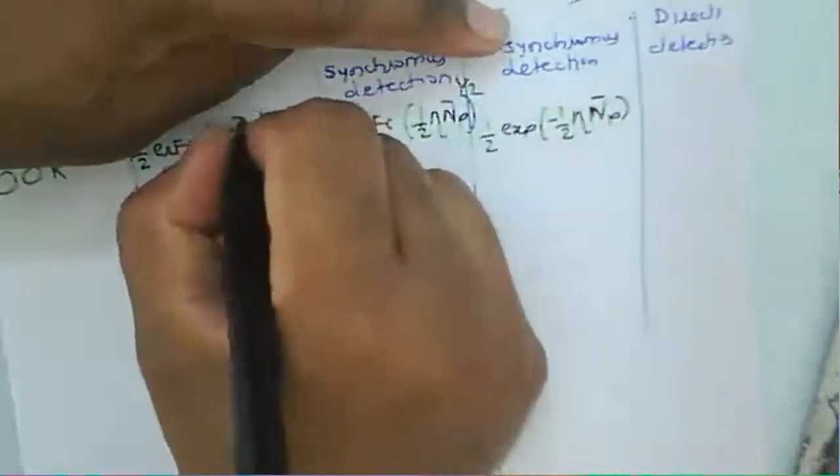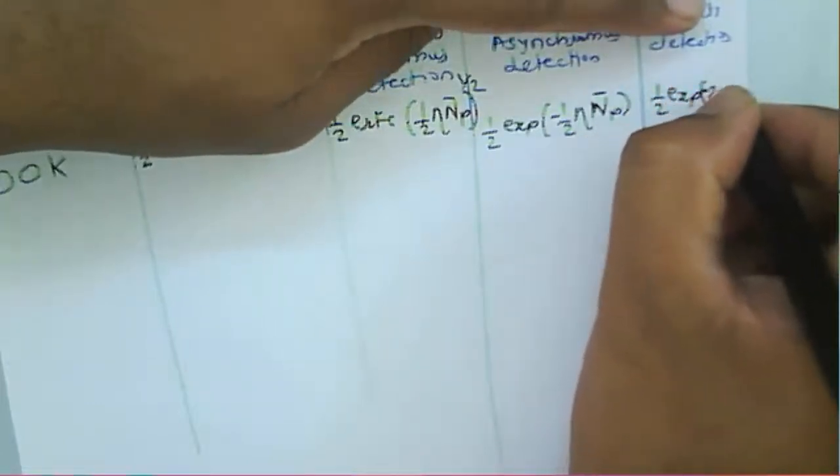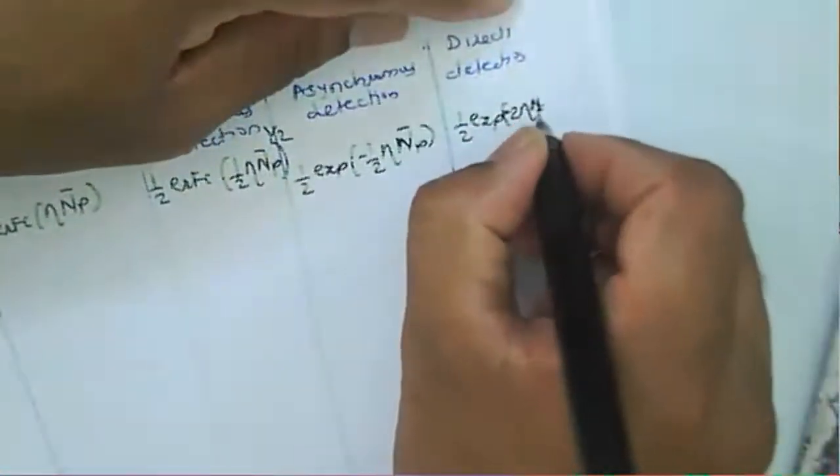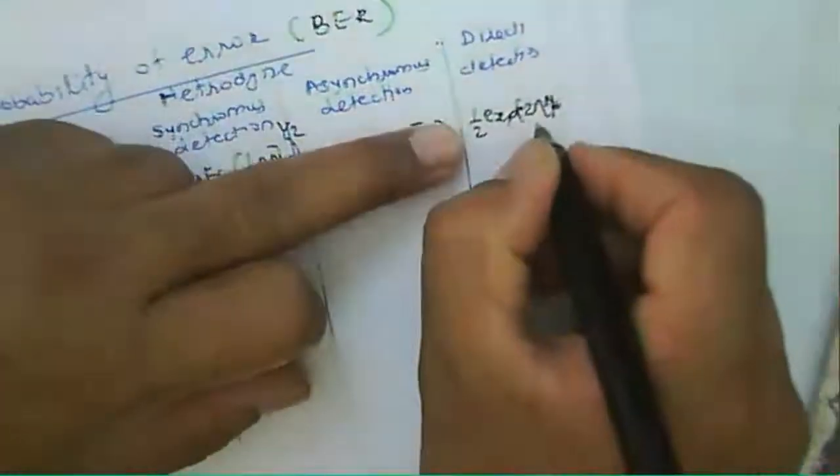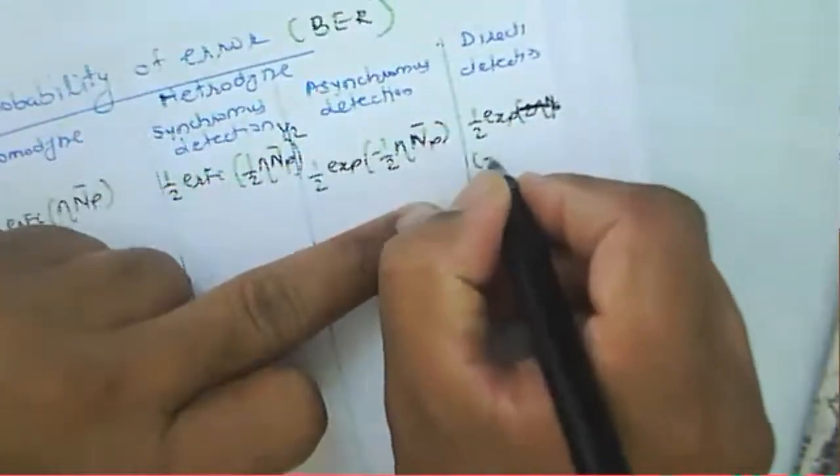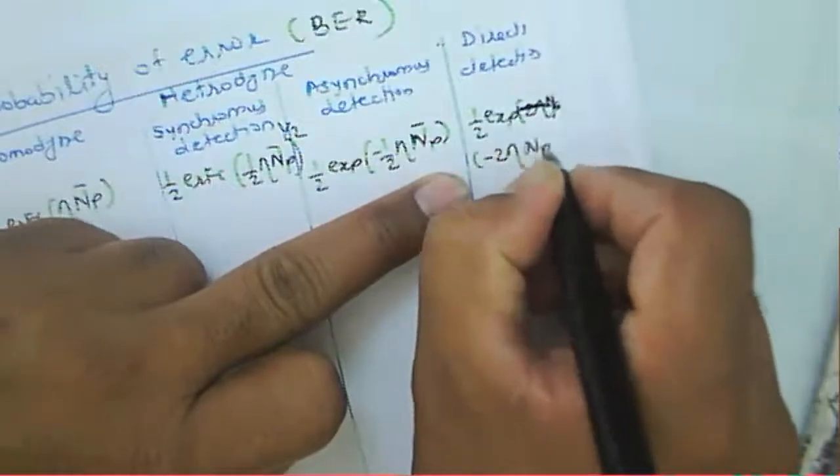I just forgot here, that is about NP here. So in that case, 1 by 2 exponential of minus twice eta NP. Means, sorry, exponential of minus 2 eta NP. Likewise.